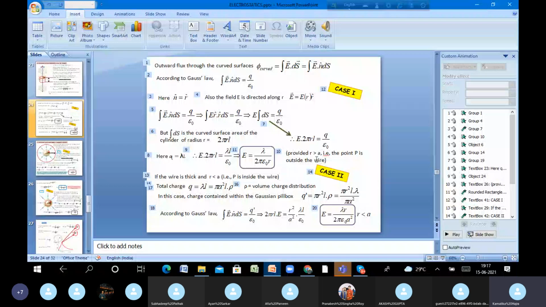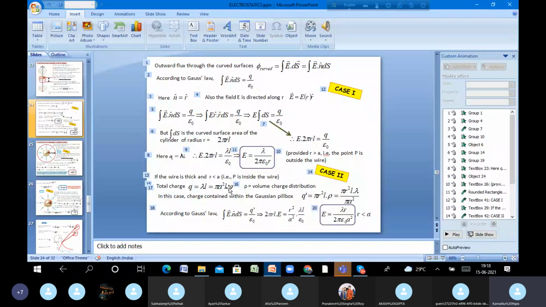This holds provided the point P at which you are trying to find the field is outside the line. If the wire is thick and the point is inside the wire or the rod, then you can no longer use this method. Then you will have to write the charge in terms of volume distribution. So lambda L will be equal to pi a square L into rho.